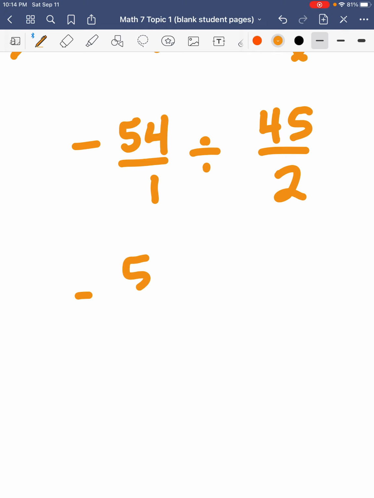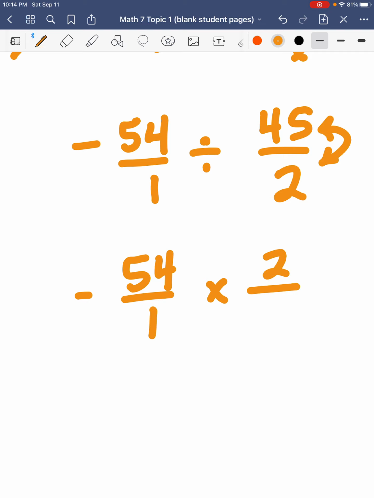So we have negative 54 over 1. We keep that one. We change division to multiplication, and we flip this one here, so it becomes 2 over 45. Now, does anything here reduce? 1 and 2 we can't reduce, but 54 and 45 we can. In fact, 9 goes into both of those. We know that 9 goes into 45 5 times, and 9 goes into 54 6 times.